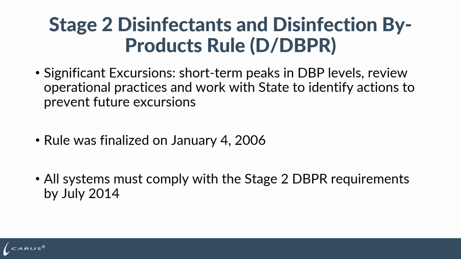Now, there was a part of the rule that said if you had significant excursions, which means short-term peaks in disinfection byproducts that were going to cause a spike or cause you to have a violation, you were supposed to look at your operational practices, what you were feeding, what you were doing, to make sure that those wouldn't happen, and then work with the state to identify actions to prevent future excursions.